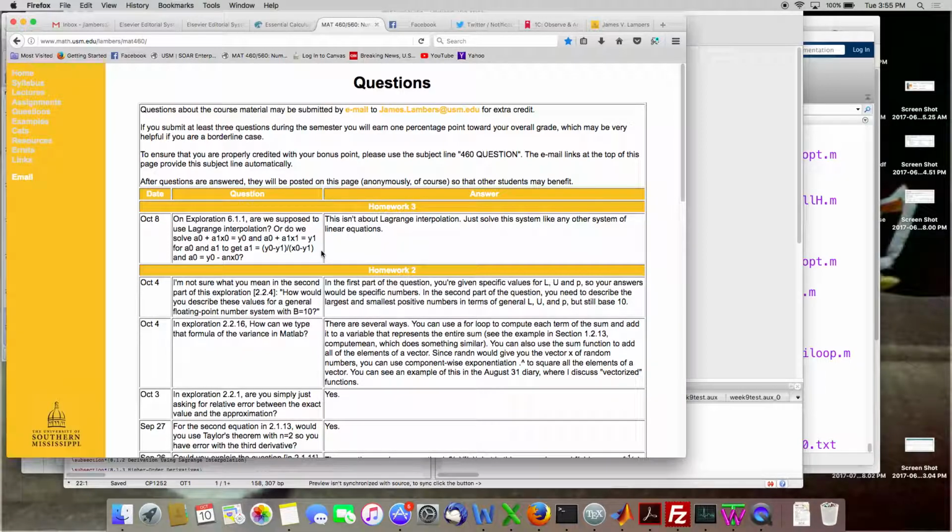Now I'm going to preemptively point something out about one of the first explorations in homework 3, because there's a little bit of linear algebra involved, and it's possible that some of you may not have taken that. Again, there's very little. Really, it's the second semester that is much more linear algebra-y.